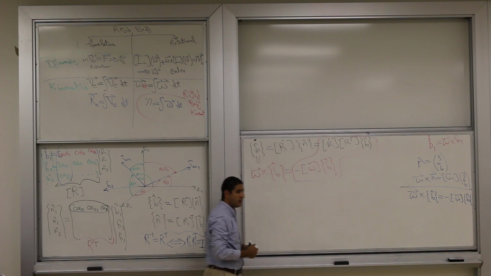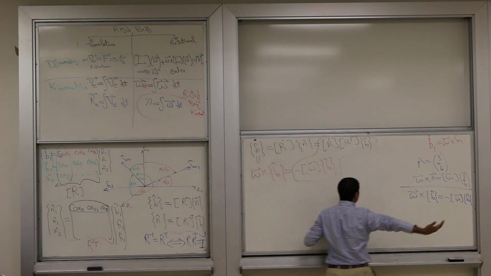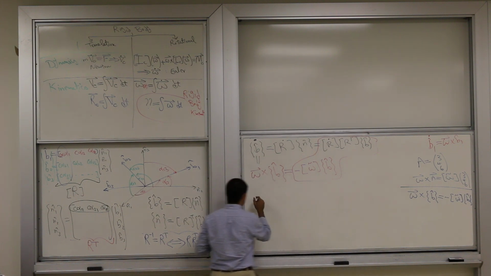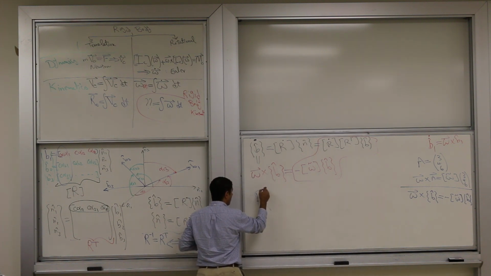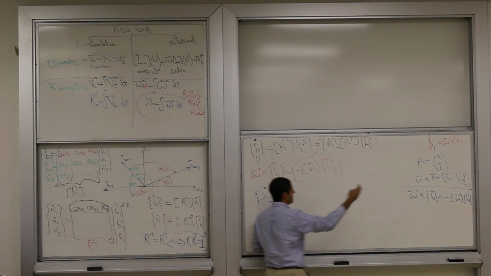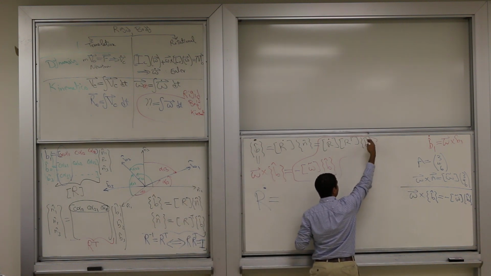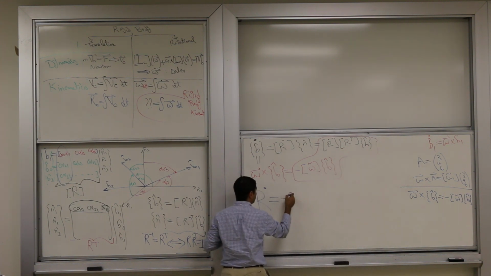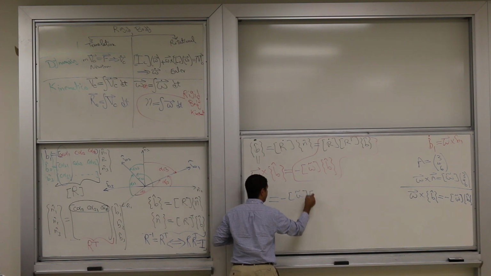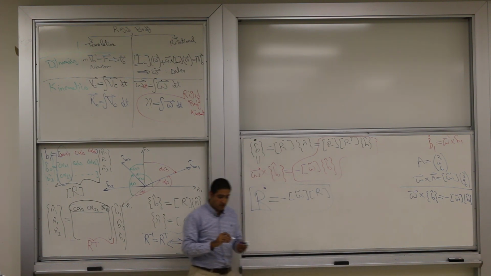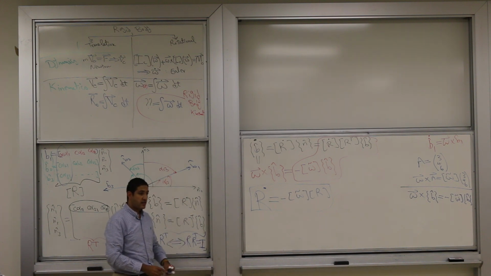And I can multiply by R from this side to get R dot. So R dot, which is dR by dt, equals negative omega tilde times R. I'm going to multiply by R from the right. Why? Because R transpose R is identity, so I got rid of this. And this is what we mean by rigid body kinematics.